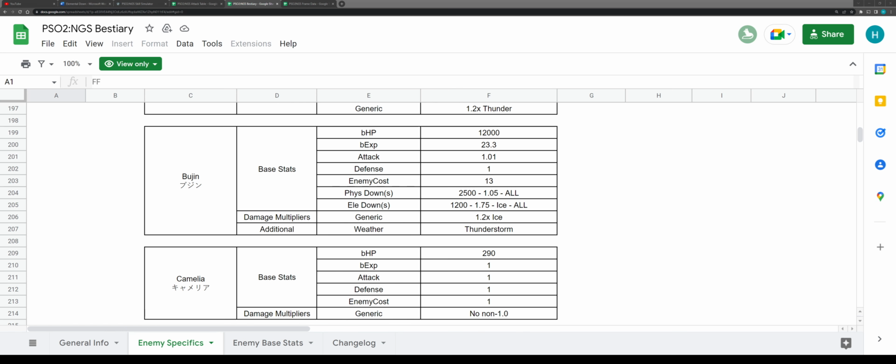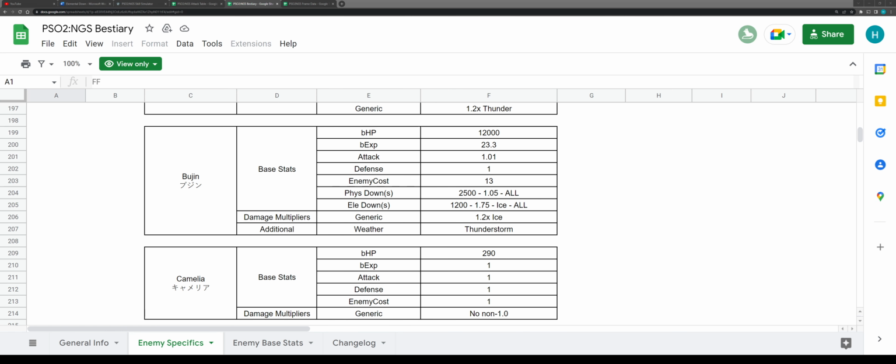What you also see is some multiplier numbers going on here. What this is respective of is after you've triggered that first down, whether physical or elemental, so let's say I've got 2,500 down accumulation for physical or 1,200 for elemental. The next time you are going to down Bujin is after you do this down threshold in addition to 75%.